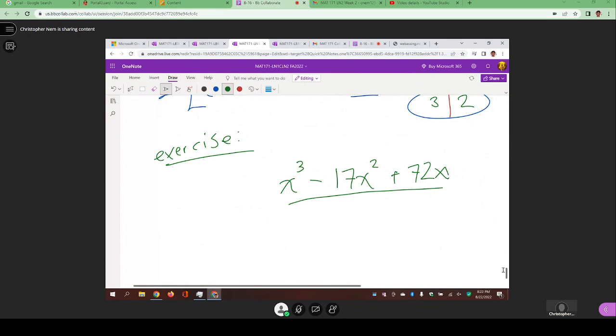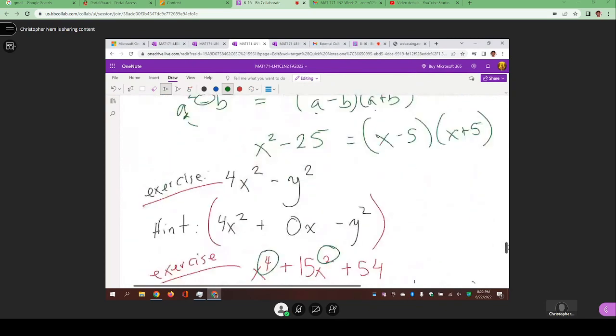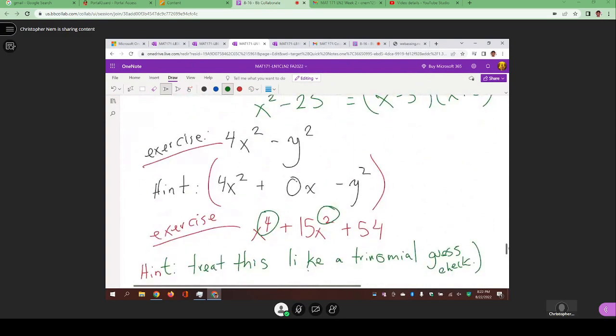Now you'll notice this is much different than the problem up here where I gave you x to the 4th plus 15x plus 54. Notice that this one doesn't have an x. You can't do the GCF with that exercise. They don't have any factors in common. This doesn't have an x, so automatically it doesn't share anything.